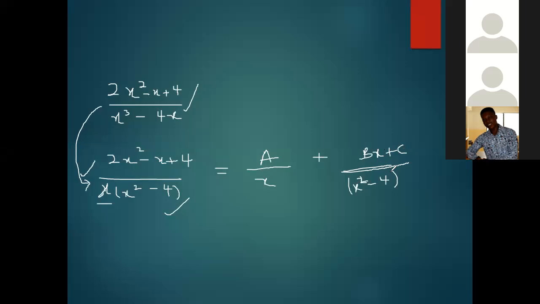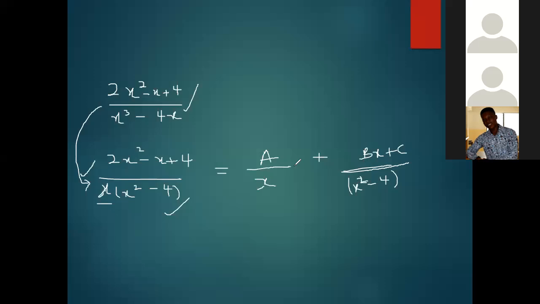And then you have to bring the variable c at x attached to what? The b. So that is the rule. You express the linear term as linear, but the quadratic term will always come with a bx plus c over that quadratic term. Anytime you are expressing a quadratic term like that, if it is cx plus d or dx plus e, it will always come in that form. So you take note of that rule.